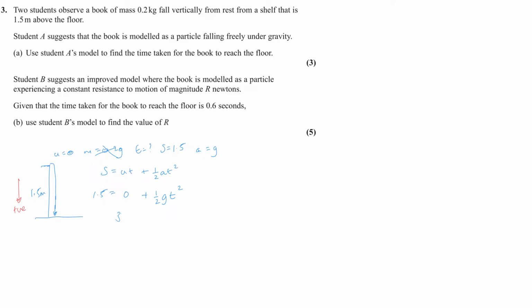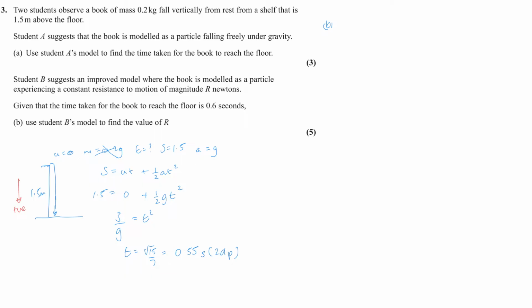So that's 3 over g, t squared. So t equals root 15 over 7, which is 0.55 to 2 decimal places, and that's seconds.